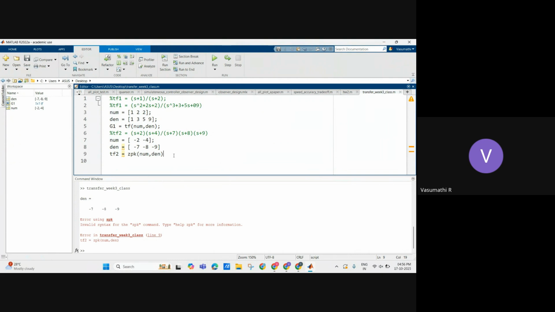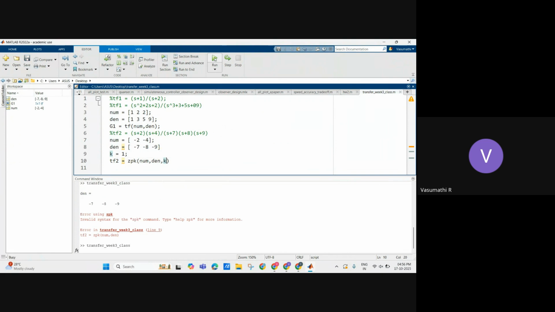I think I have to include the Control System Toolbox for this. This needs a gain also. If there is no gain, I will just consider K equal to 1 here. So it will give it in this form.